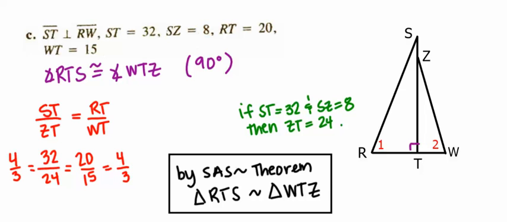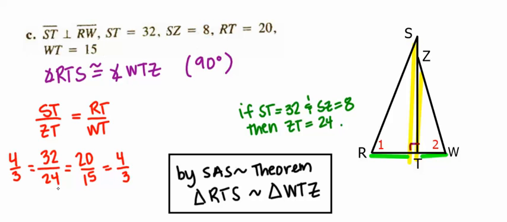So we would have ST and ZT, and then we would have RT and WT. They give us ST is 32, and they give us SZ, this little part right here, is 8. Well, if the whole thing is 32 and this little part on top is 8, that means ZT has to be 24.